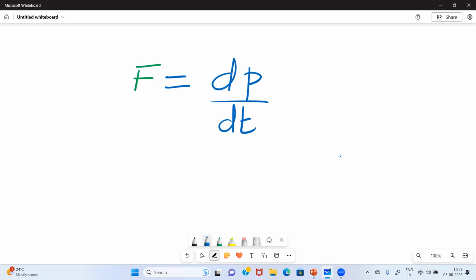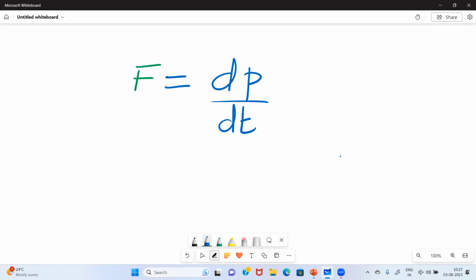Okay, so now tell me, how are force and momentum connected? F is equal to dp by dt, the rate of change of momentum. What is P?